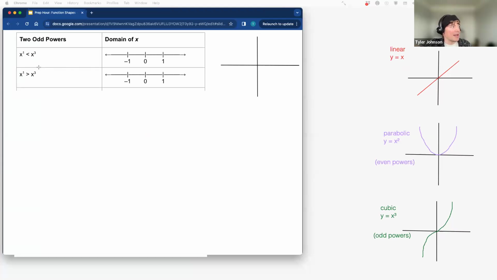If I'm comparing two different odd powers, like a first power versus a cube power, the first power is just a straight line. And then I'm going to draw in my hashes for 1 and -1.